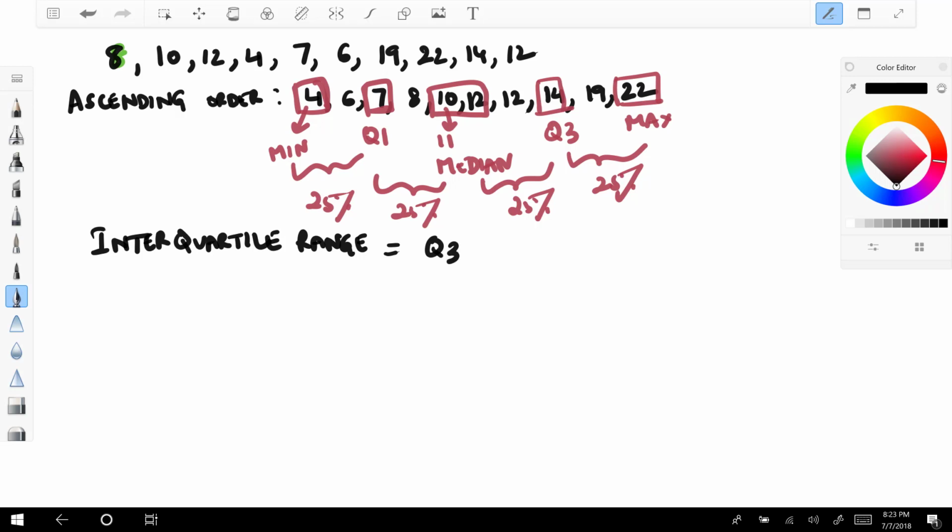So we are trying to calculate the range between quartile 1 and quartile 3, that is quartile 3 is 14 minus quartile 1 is 7, that is going to give us 7. So interquartile range we also say IQR, so that is 7.